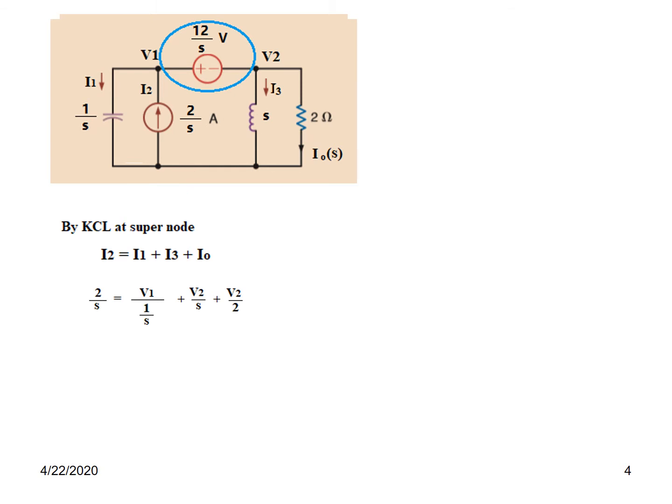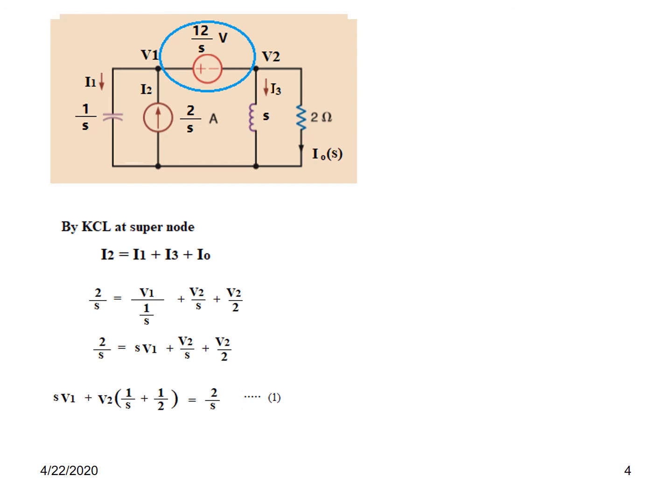So it is V1 divided by 1 over S. Similarly, I3 is V2 divided by S, and this one is V2 divided by 2. Now we'll try to rearrange these terms. I hope you can do it. This goes up, taking common terms. So this is the final equation in terms of V1, V2 and the constant.